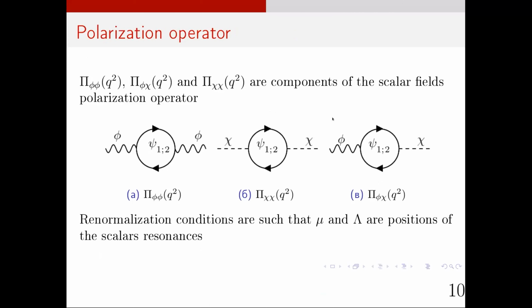Speaking about the polarization operator components, you can see here the diagrams which correspond to the components of this operator. It consists of self-energy insertions for the light scalar field and for the heavy scalar field, and it also contains a contribution of one-loop mixing of light and heavy scalar bosons.